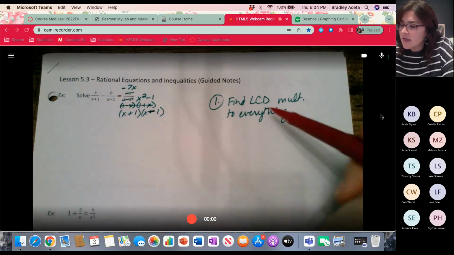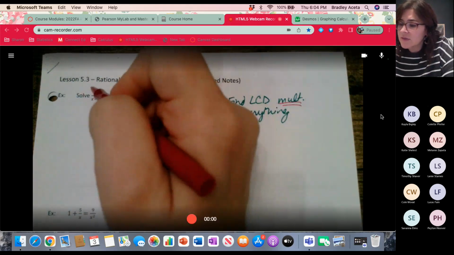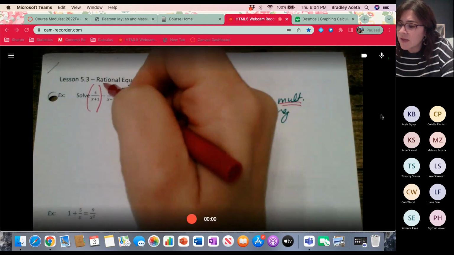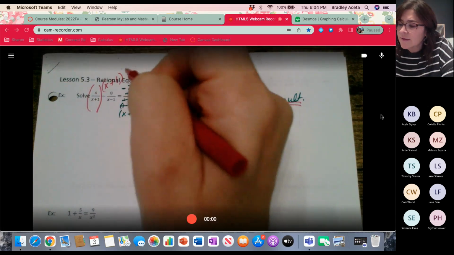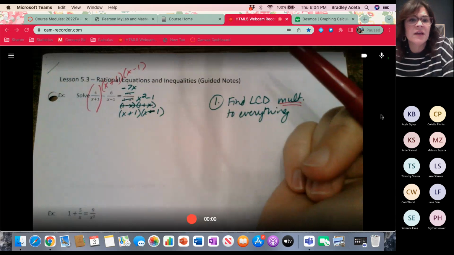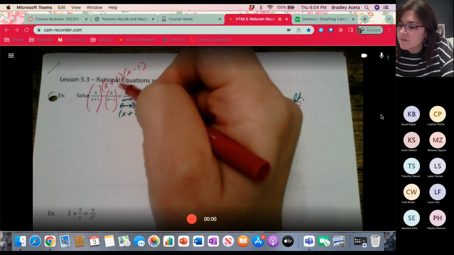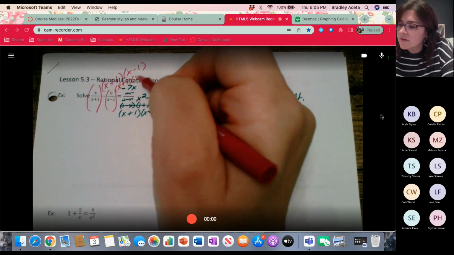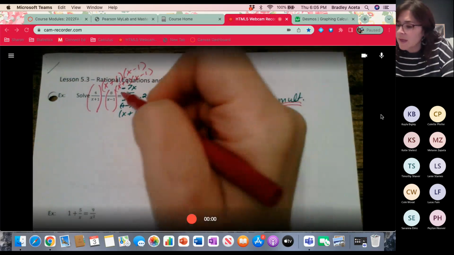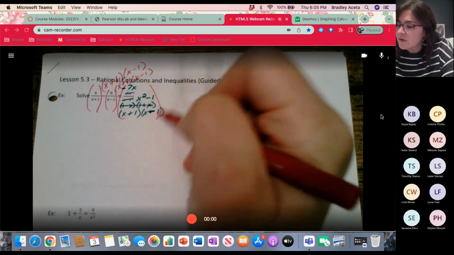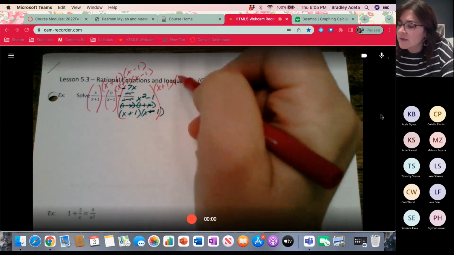So what I do is I multiply everything by it. So I take this and I multiply by x plus 1, x minus 1, and I like to write it in the top. And I do it to this one, and I do it to this side also, x plus 1, x minus 1.